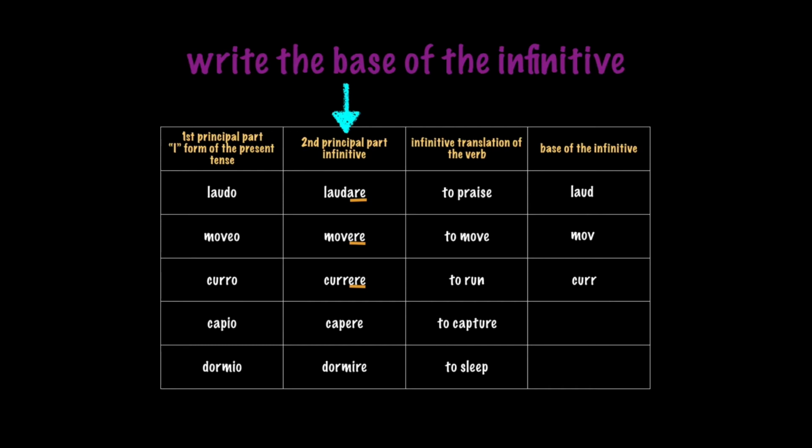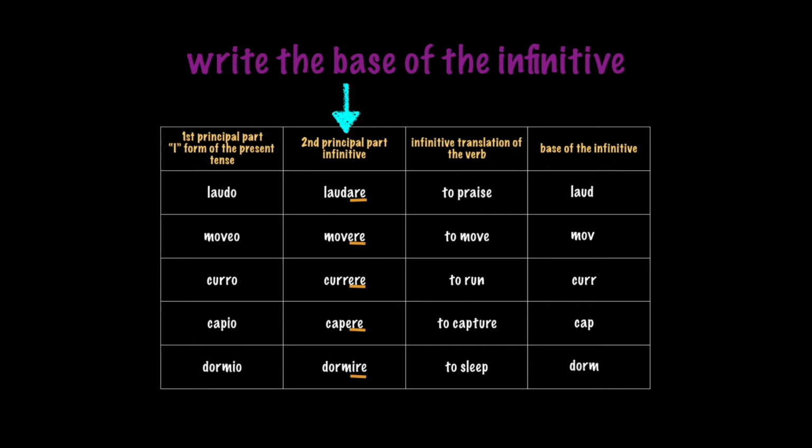When you remove it, you end up with the base curr, C-U-R-R. Capere uses ERE as the infinitive ending. When you remove it, the base is cap. And dormire uses the infinitive ending IRE. Take it away, and the base that's left is dorm.